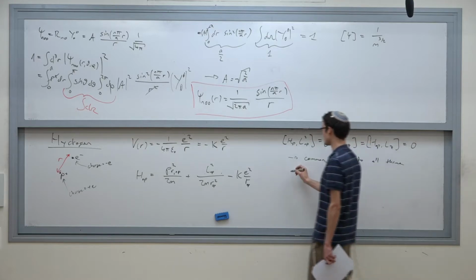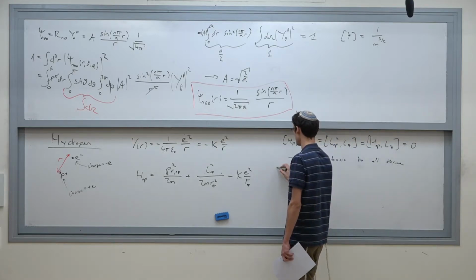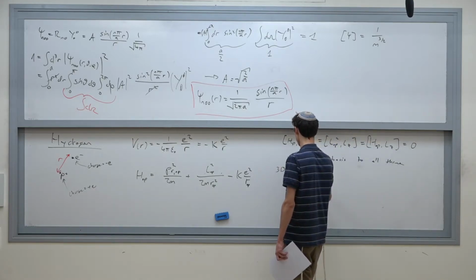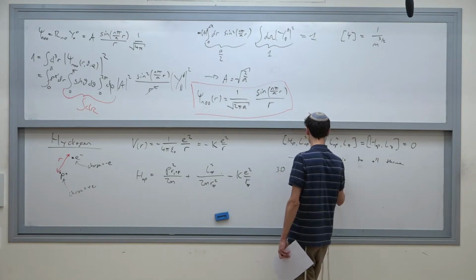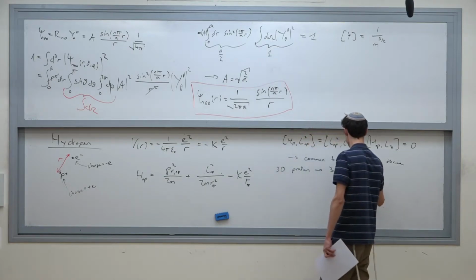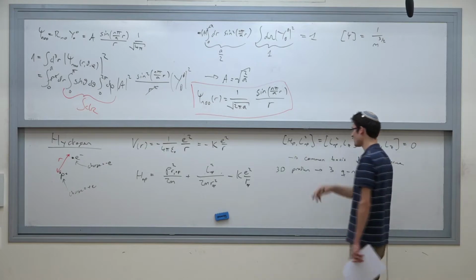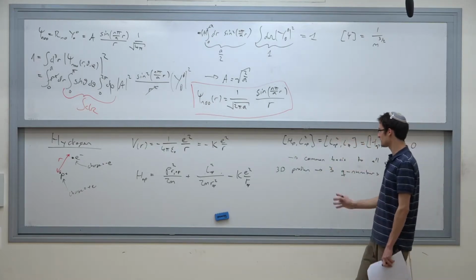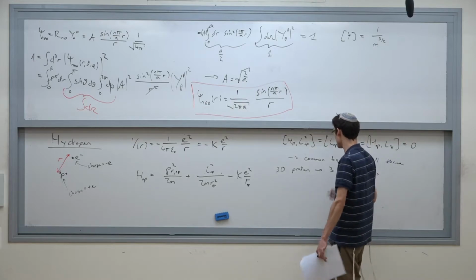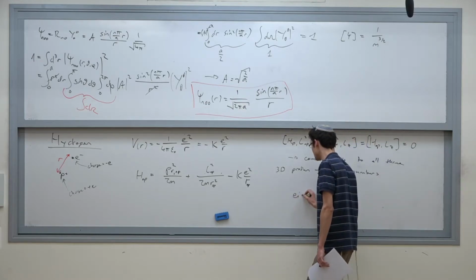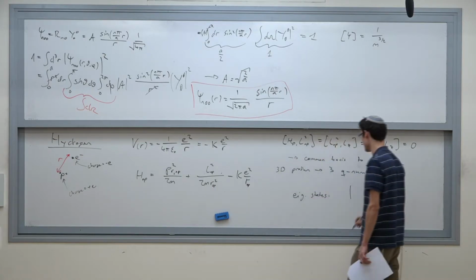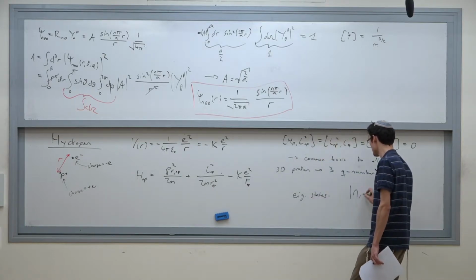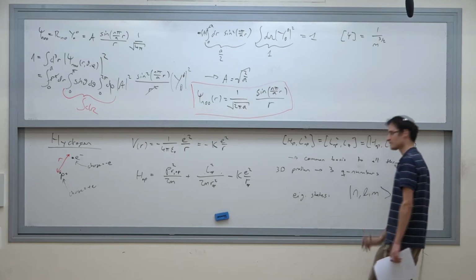It's also a 3D problem, so we expect 3 quantum numbers. So before we go into any special space and start going crazy with derivatives and so on, let's just say, okay, there are 3 quantum numbers, so the eigenstates must be some ket with 3 quantum numbers, n, l, m.